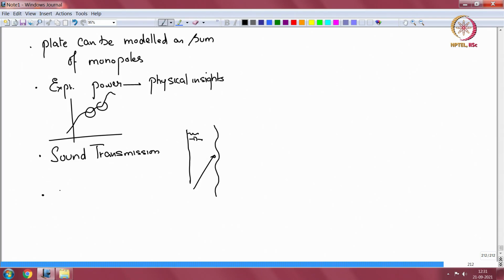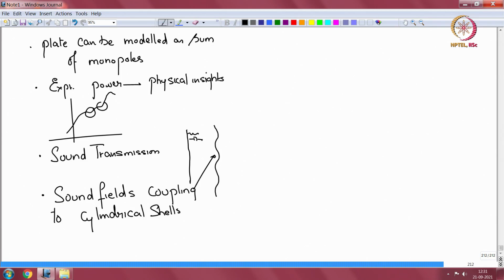Then we looked at sound fields coupling to cylindrical shells, mainly interior.